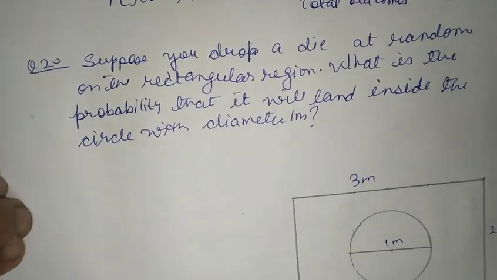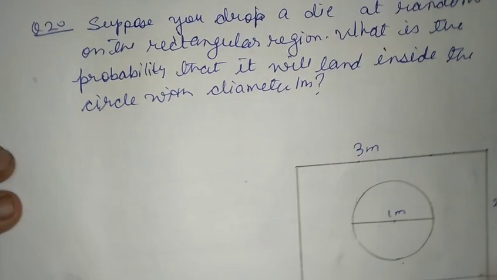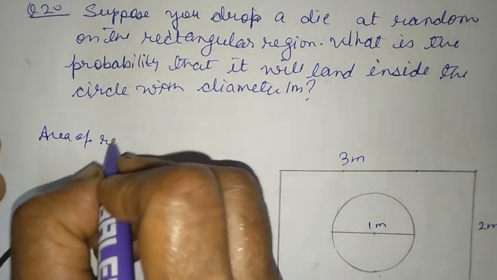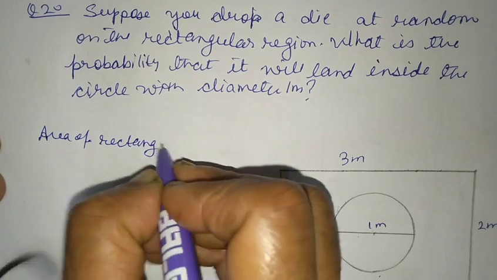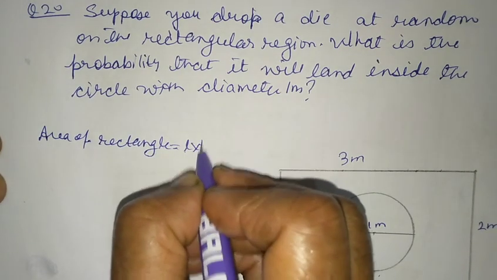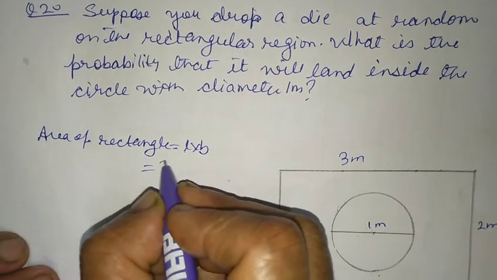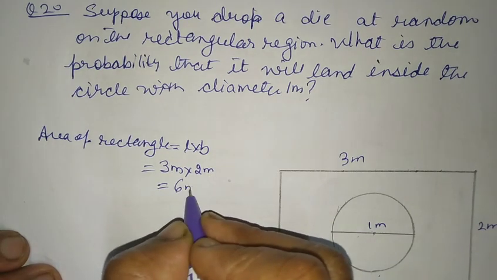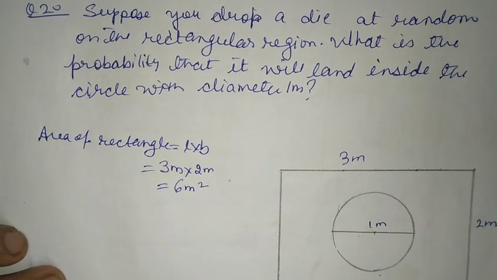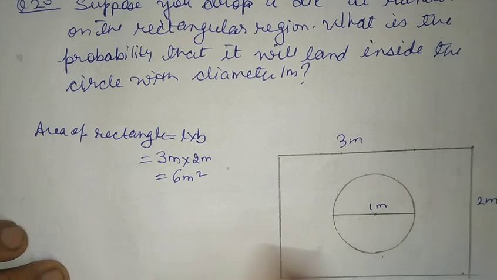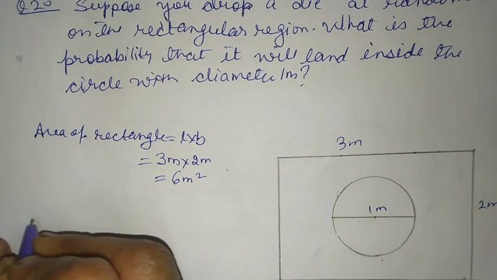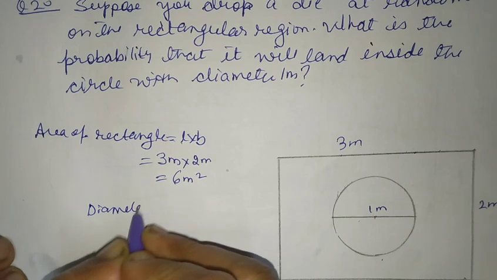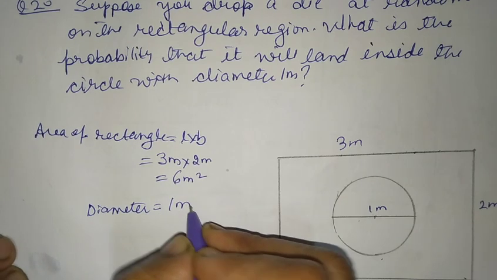So let us find the area of the rectangle. We know the area of a rectangle is equal to length into breadth. Here we have been given length is 3 meter and breadth is 2 meter. So it will be 6 meter square. So the area of the rectangle here is 6 meter square. Now let us find the area of the circle. We have been given diameter is 1 meter.